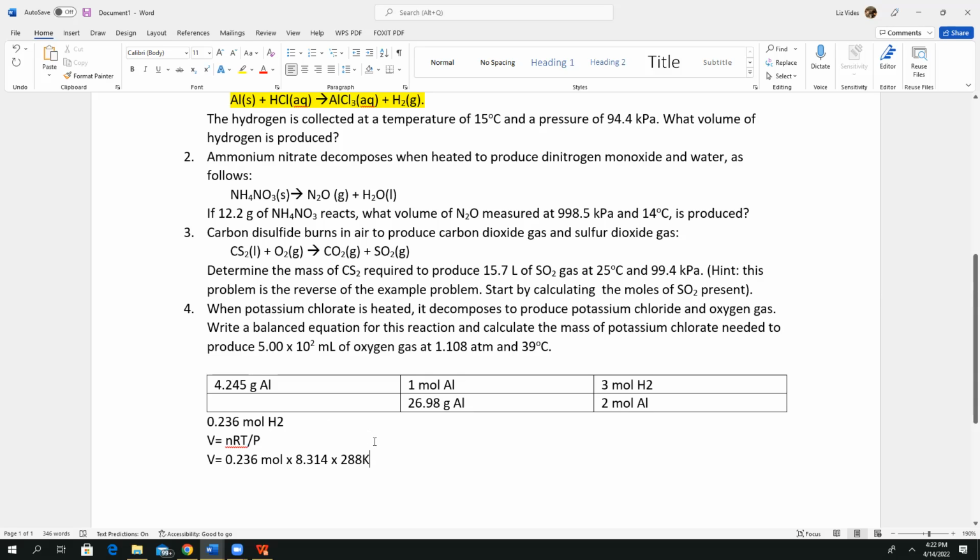And then all of that gets multiplied first, and then divided by the pressure, which is in kilopascals, 94.4 kPa. Okay, and that's how you do it. So that should give you the right answer.